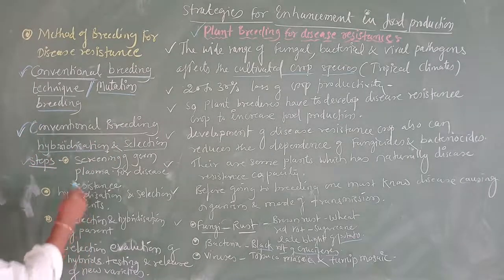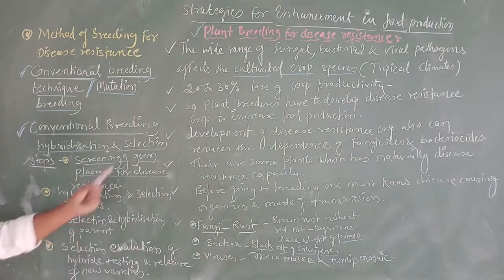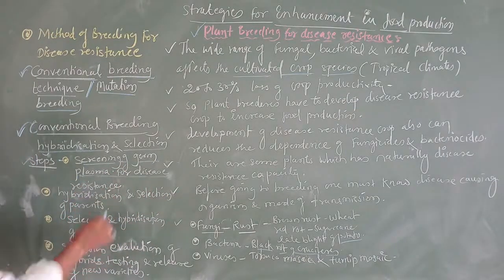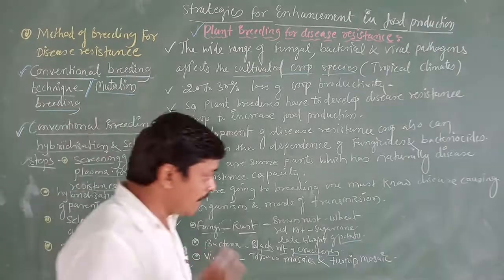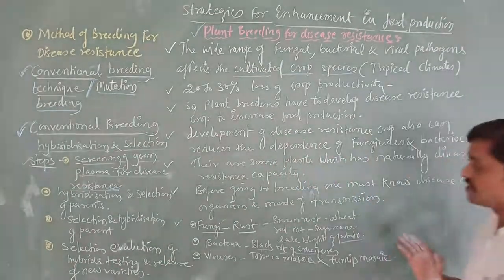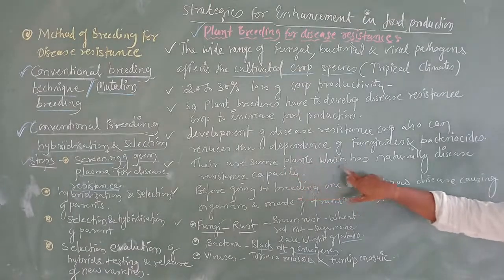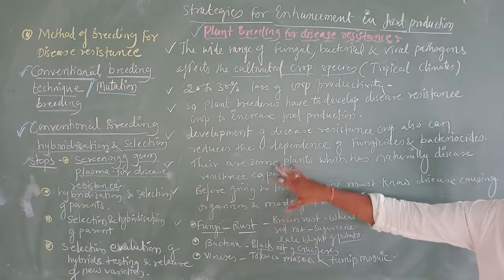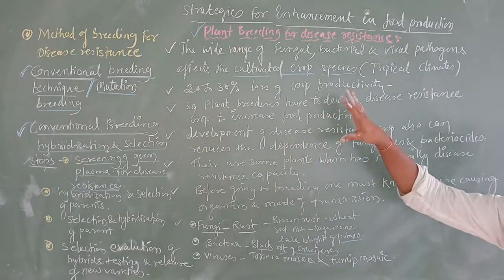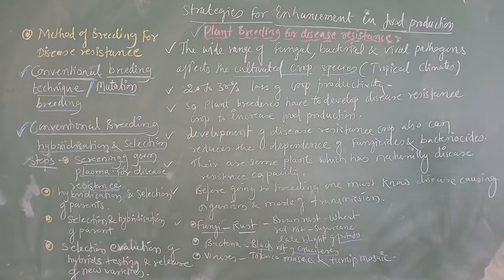That is the first step, and you all know about this. What is that? Screening of germplasm for the disease resistance. As I already mentioned, there are some plants which naturally have disease resistance capacity.